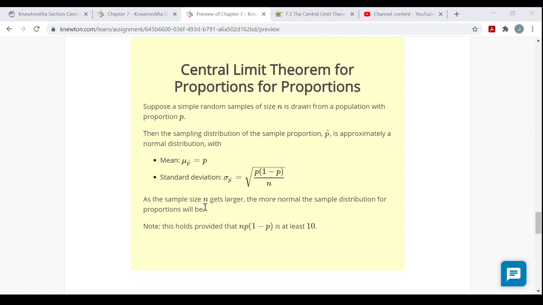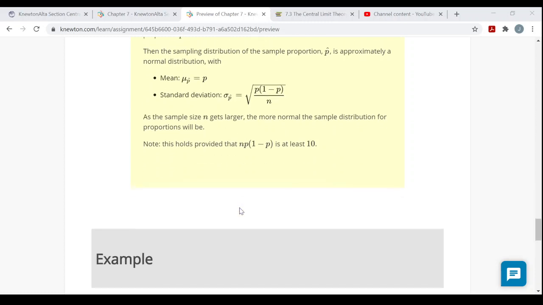As the sample size gets larger, the more normal it will become. This holds provided that n times p times 1 minus p is at least 10, which implies that our sample sizes are large enough for the distribution to be close to normal.